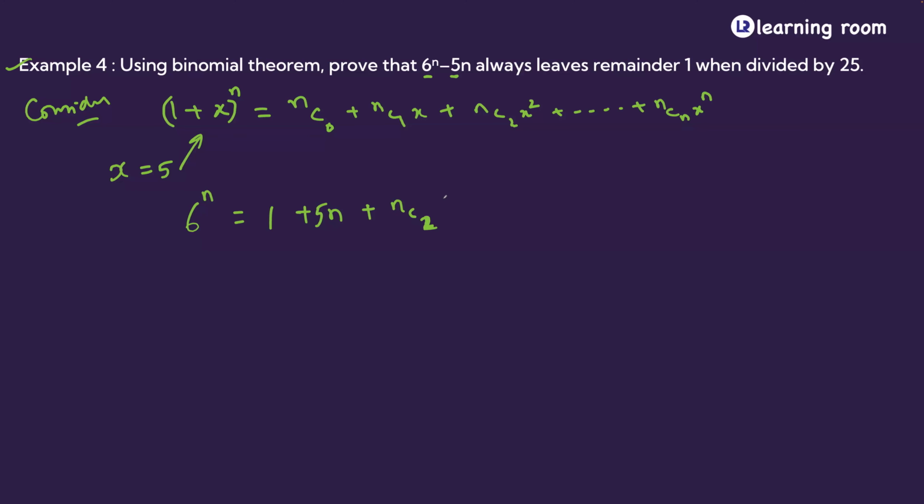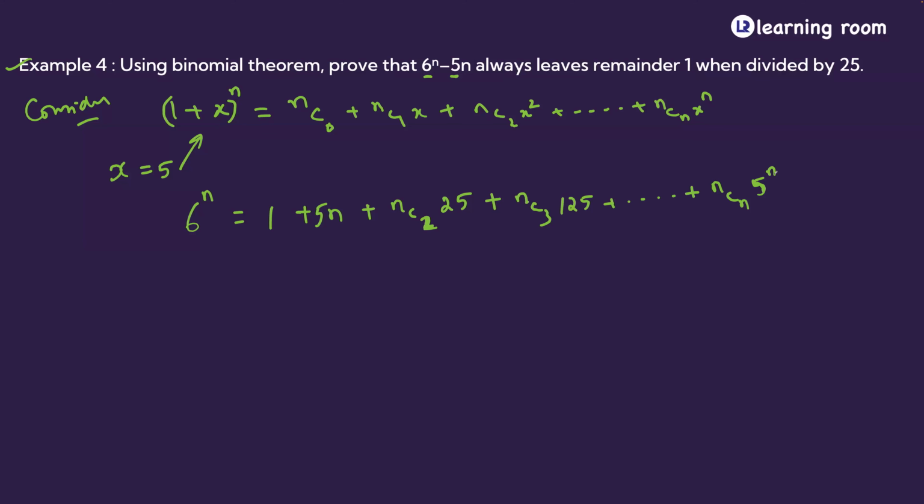It is 25, right? Plus nC3 into 5 cube, that is 125. It keeps on going like this. Plus I'm going to have nCn into 5^n, where that n value is greater than 2. Why I took greater than 2 is because 5 square is 25.